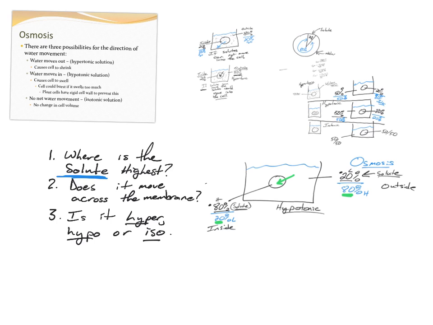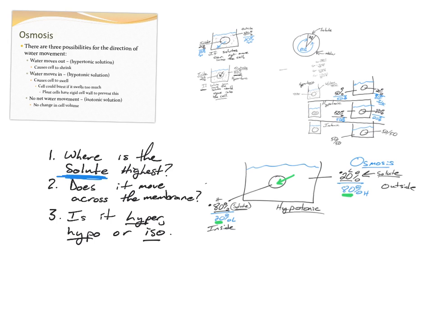That's all there is to it. Are we clear? Defining if it's hyper, hypo, or iso all depends on the concentration of the solute. So if it's a high concentration of solute outside, what is it?